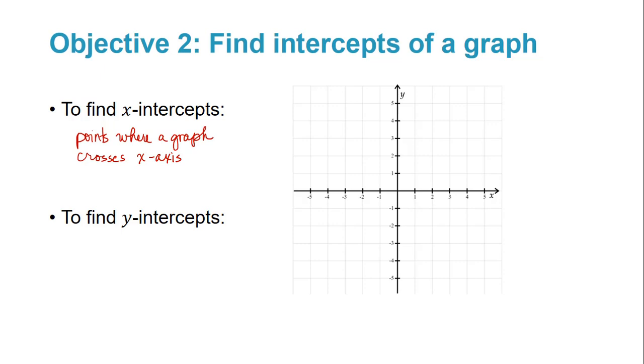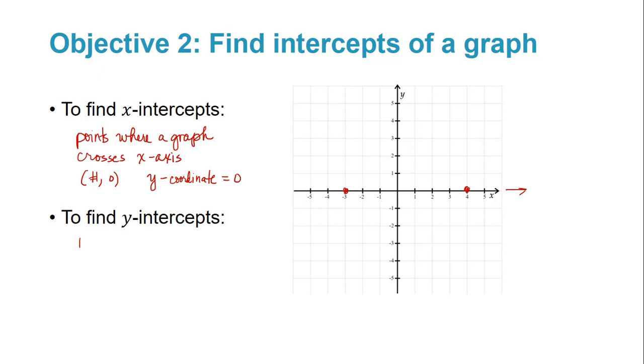So these points are going to be somewhere on the x-axis, that is this horizontal axis, and we are just going to identify the ordered pair of those points, keeping in mind that a point on the x-axis is always some number and then 0. So the y-coordinate is always 0 for an x-intercept.